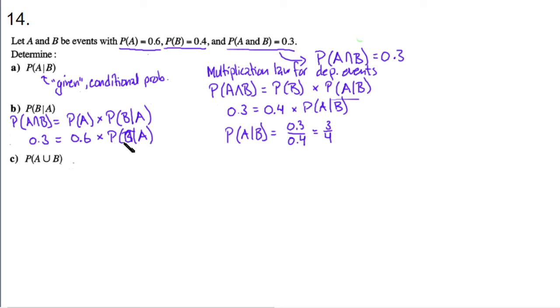And we just solve it for the probability of B given A. Which is going to be 0.3 divided by 0.6. And again, we don't want to leave those decimals. So we can multiply numerator and denominator by 10, which is going to give us 3 over 6, which can be reduced to a half.